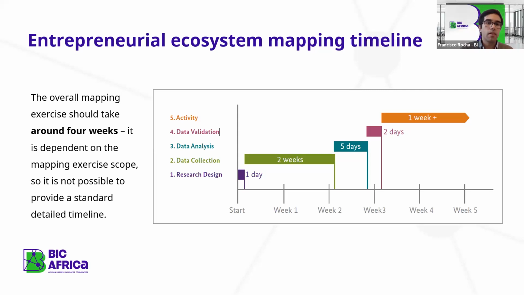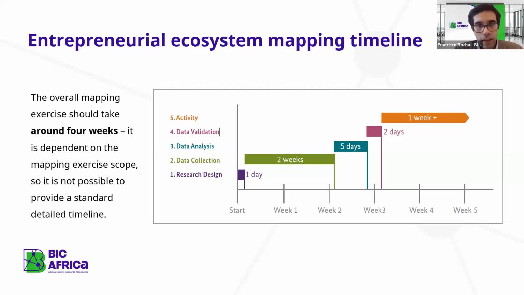So the timings for each step may vary according to whoever is implementing this guide. In any case, it is important to note, as I said at the beginning, that this exercise should take around 4 weeks. Of course, it is dependent on the specific mapping exercise.